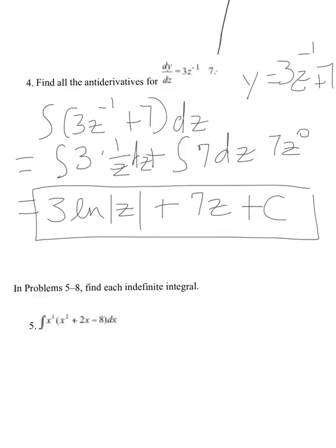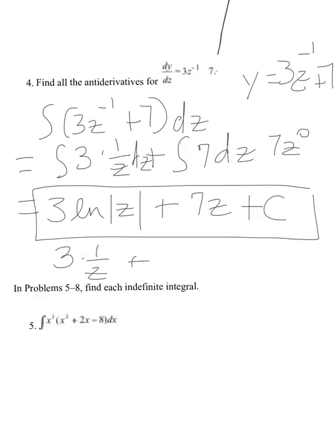Now, let's review again. How can we double check to be sure we've done this correctly? Take the derivative. All right, so if we were going to differentiate this, I know I keep the 3. What's the derivative of the natural log of z? Oh, come on. Okay, it would be 1 over my variable. So 1 over z plus, how do I differentiate 7z?